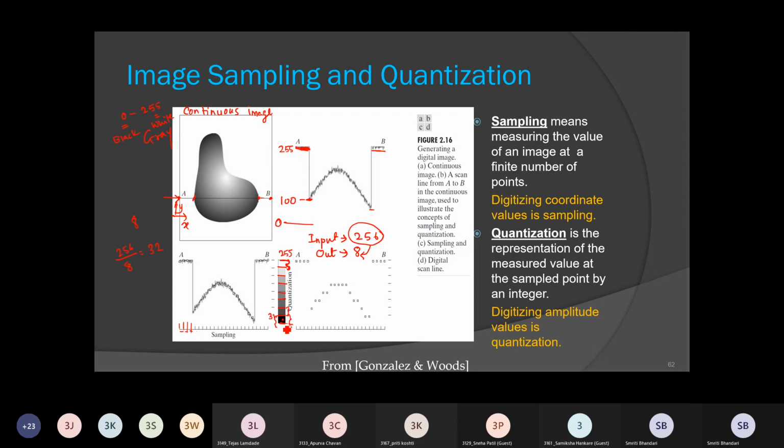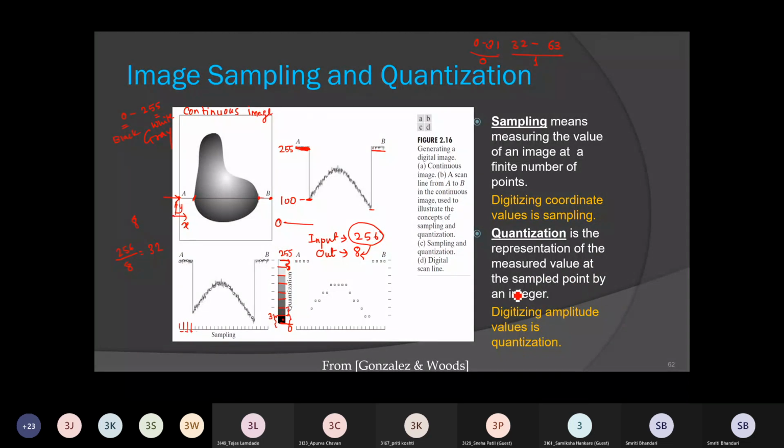I want 8 ranges, so from 0 to 31 intensity value, I'll be assigning it to 0. These 32 values are assigned output 0. Then the next 32 values, 32 to 63, are assigned output 1, and so on. So I'll be having only 8 outputs instead of 256, and that is what we mean by quantization.